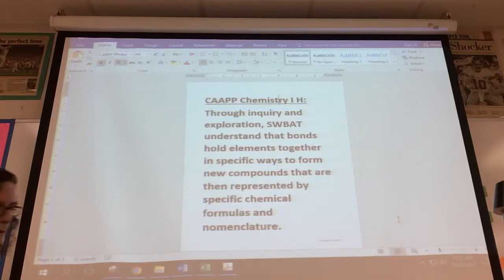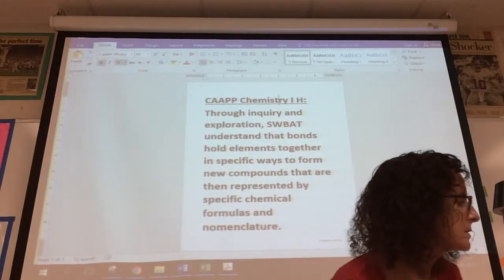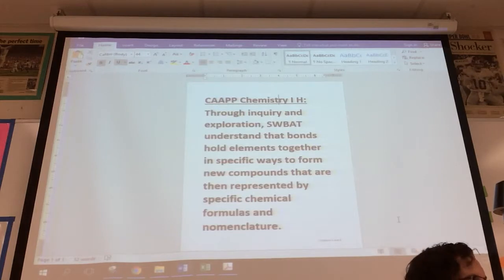This learning goal will also swing into Chapter 6, which we'll get into end of this week, beginning of next week. Again, remember, you'll be quizzed on the naming and formula writing, as well as writing electron configs for ions.